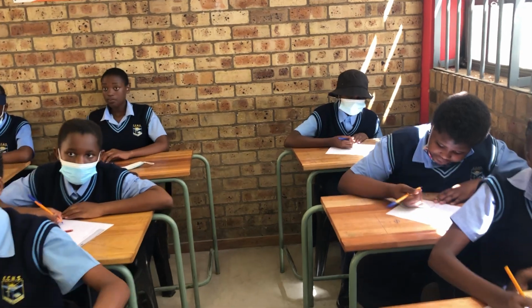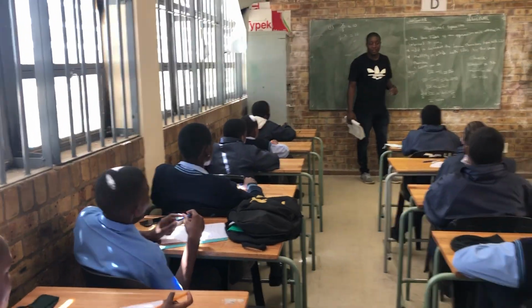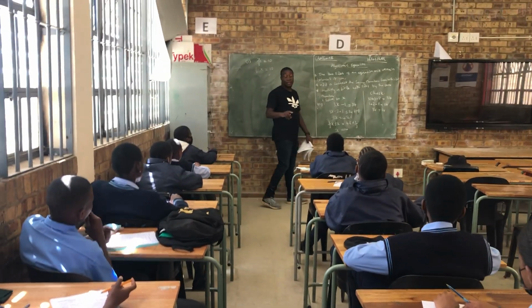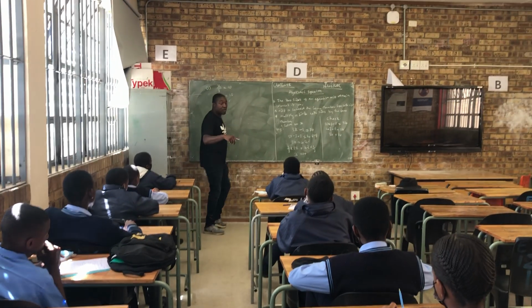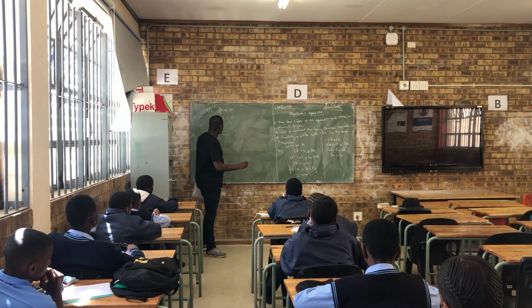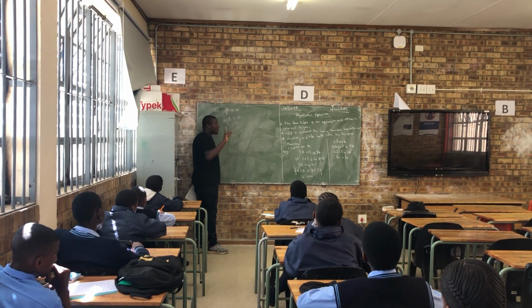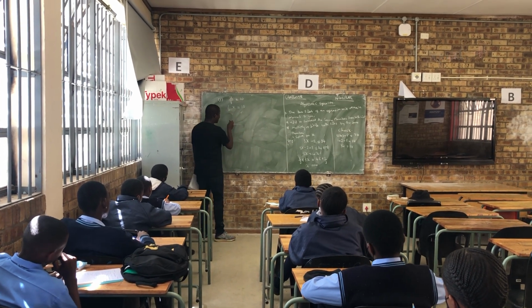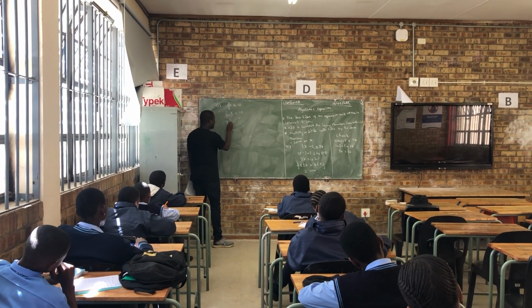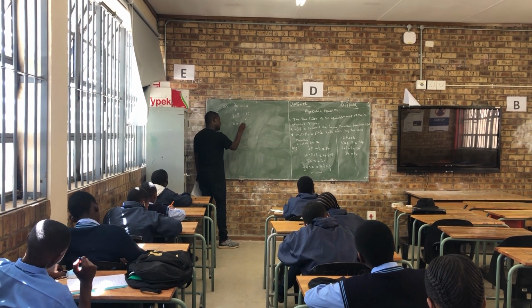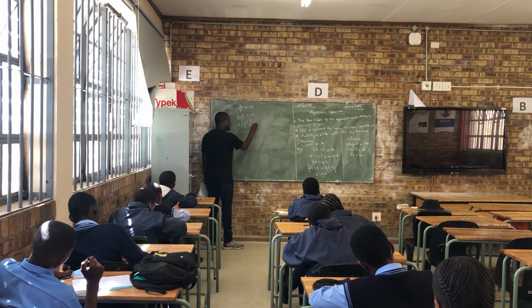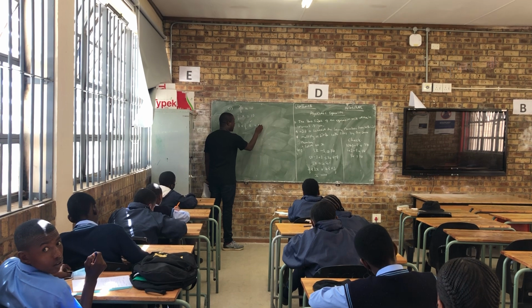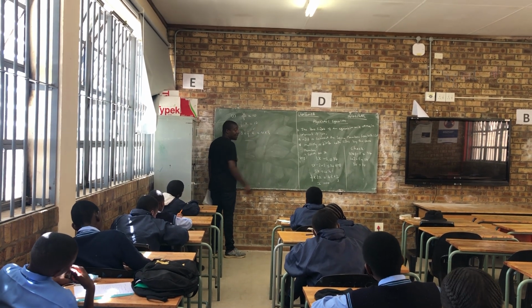If the multiplicative inverse of 3 was 1 over 3, what is the multiplicative inverse of 1 over 3? 3 is the multiplicative inverse of 1 over 3. That means both sides will be multiplied by 3: 3 multiplied by 1 over 3 multiplied by x equals 10 multiplied by 3.